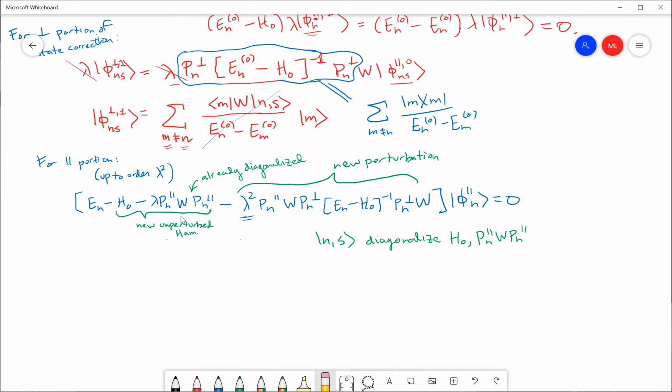So let's call this new perturbation lambda W bar. And what is this W bar? Well, it's just the rest of that stuff. It's got a lambda out front, and it's got a PN parallel W PN perp, and the E N. And again, these are going to be the unperturbed ones, of course, because we don't want to have more powers of lambda.